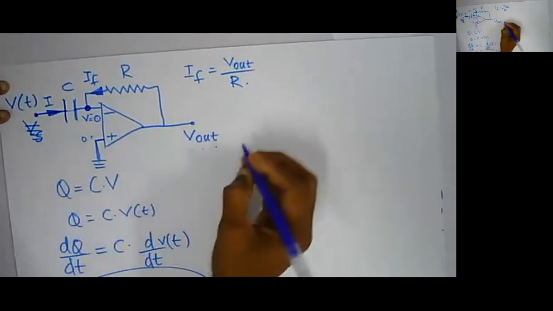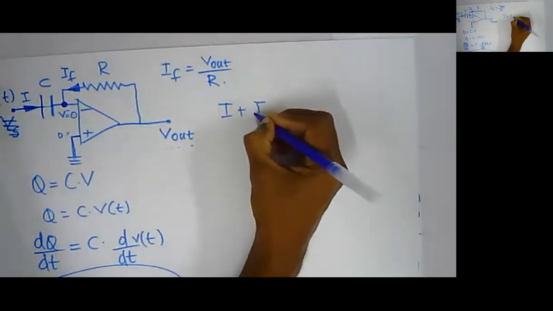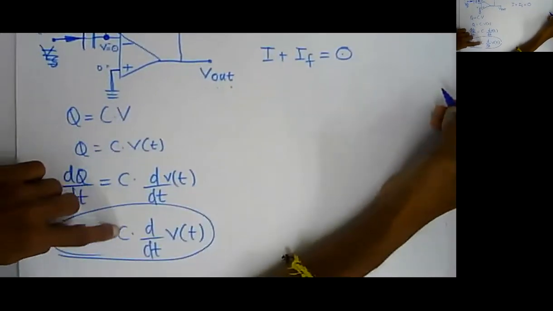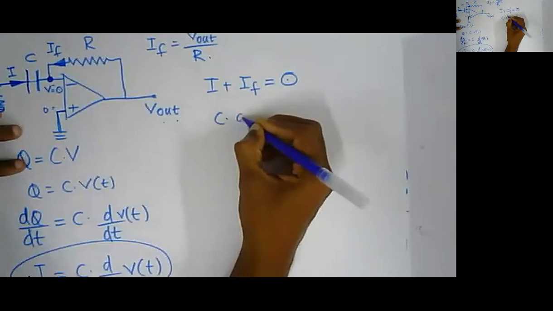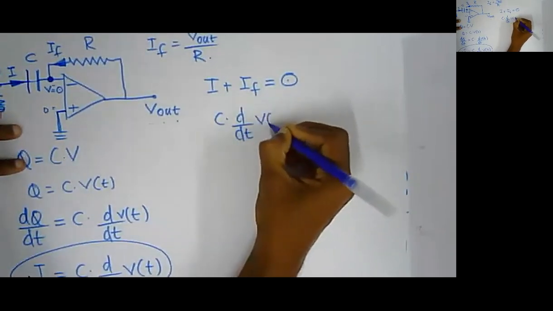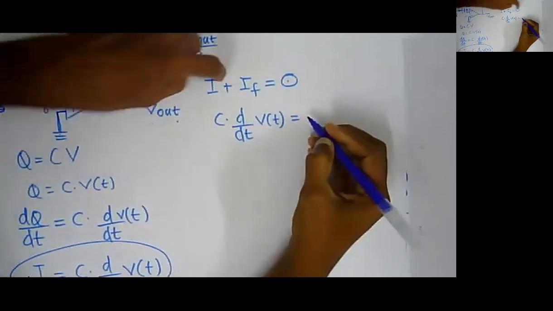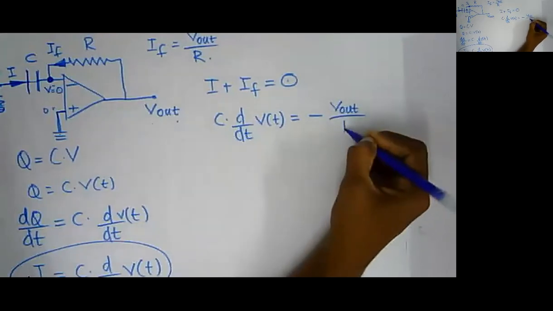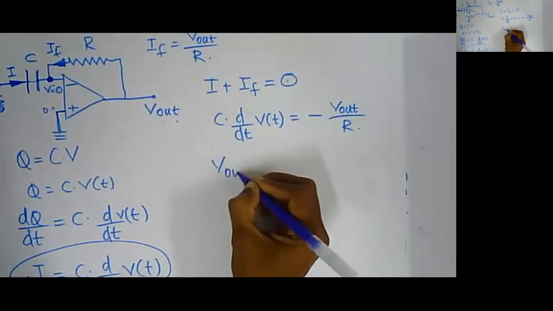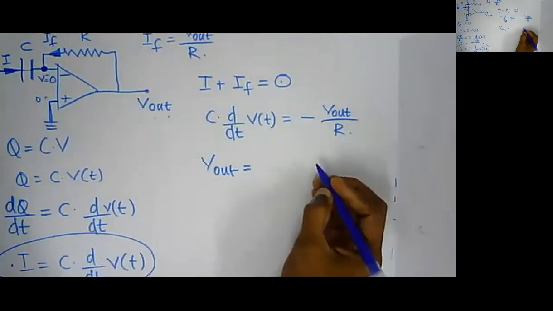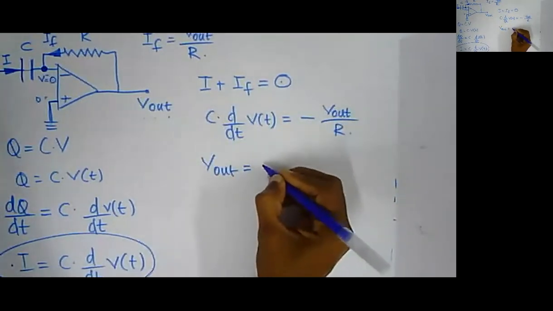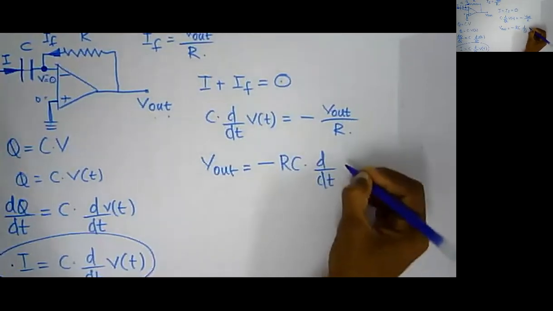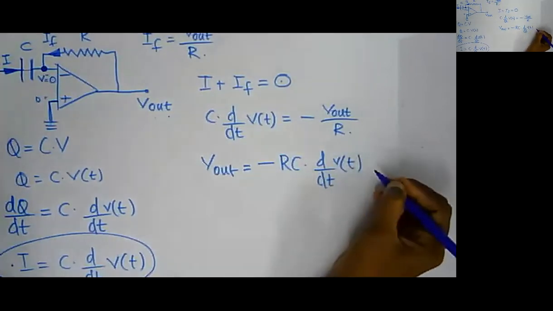Both are incoming currents, so I plus IF is equal to 0. I is C into d/dt of V of t, which equals minus IF, which is V out by R. So I can write my V out, just cross multiplying and bringing the minus to the other side, as minus RC into d/dt of V of t.